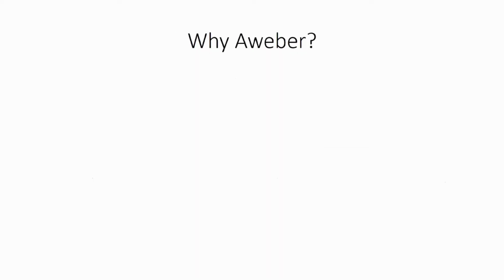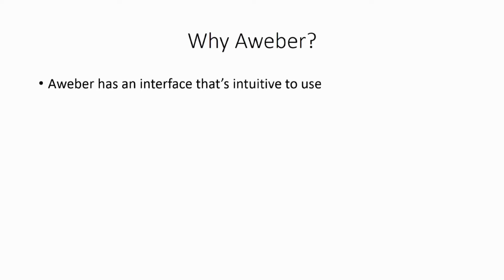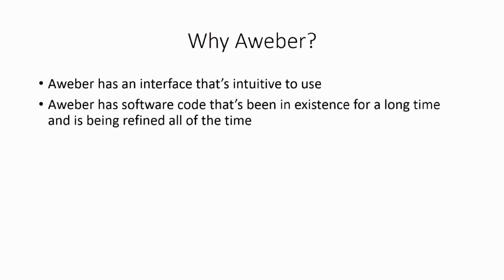You might ask now, why Aweber? It's probably because Aweber has an interface that's really intuitive to use. I mean, just about anybody can get started using Aweber and figure out how to write a message. Now for you technical people, it has software code, and Aweber's been around for a long time, so all that software code is constantly being worked on and refined.